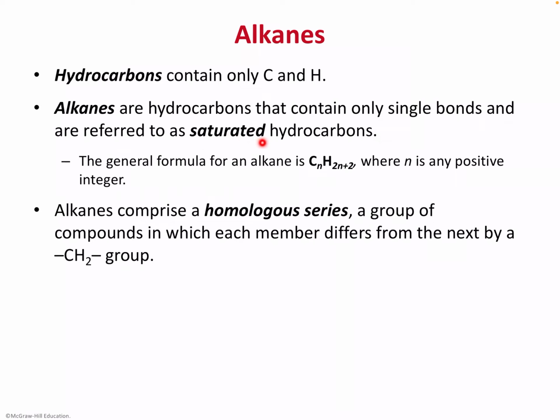Saturated means it has only single bonds. The general formula for an alkane is CnH2n+2. If you have n carbons, you will have hydrogens equal to 2 times the number of carbon atoms plus 2, where n is any positive integer. That is the formula for alkanes.